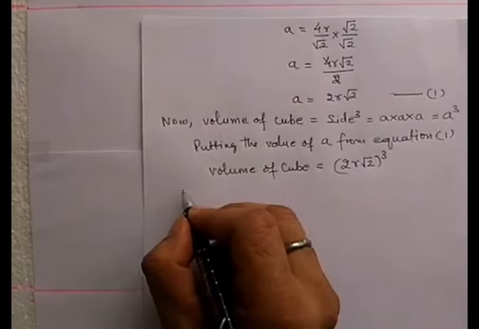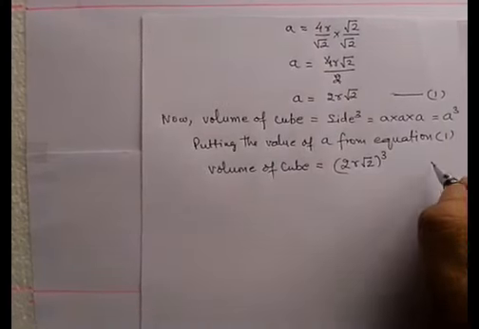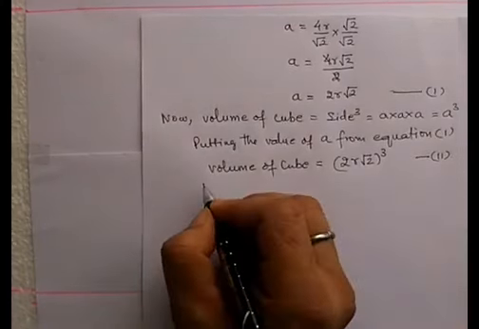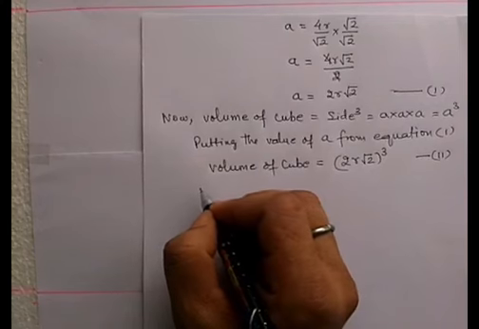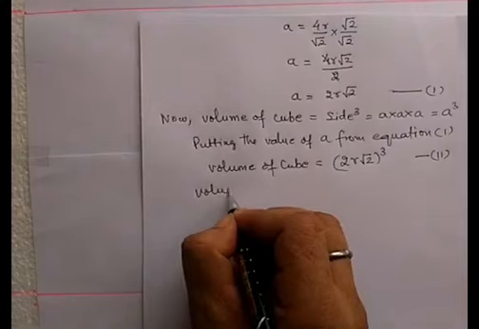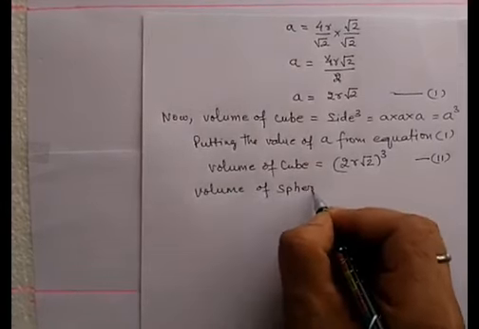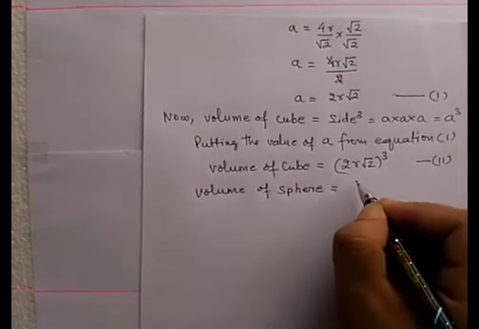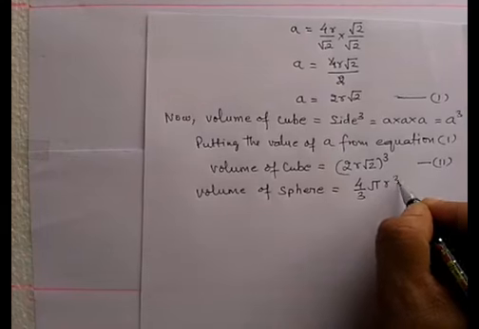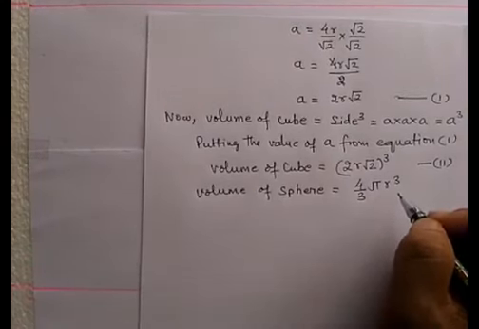Now volume of sphere, this is our another equation. You can take it as equation 2. Now volume of sphere, we all know, is 4 by 3 pi r cube.